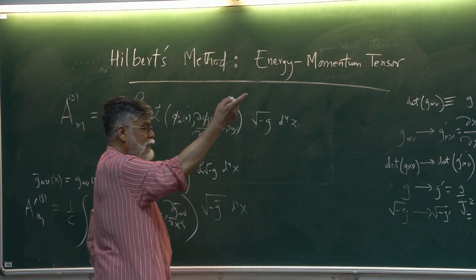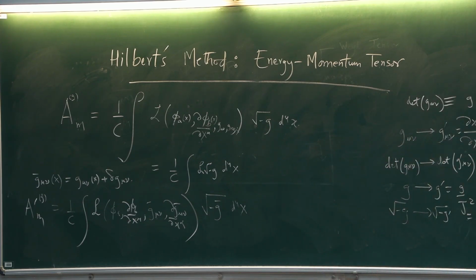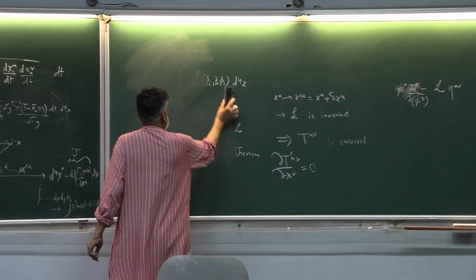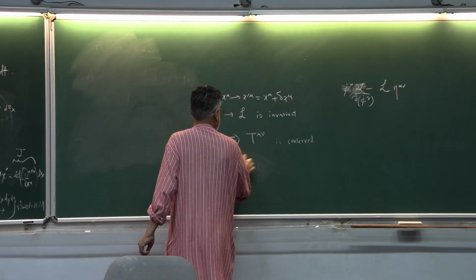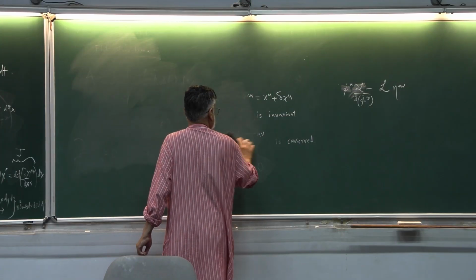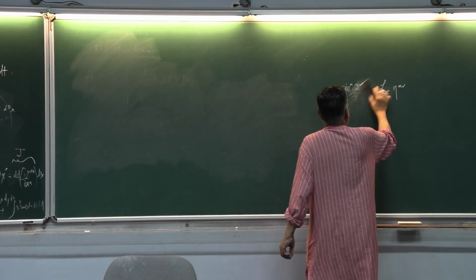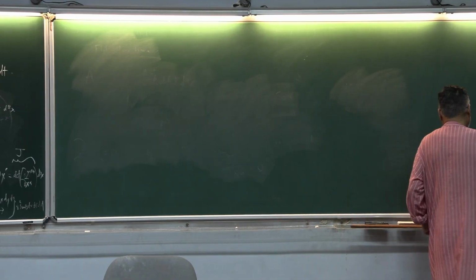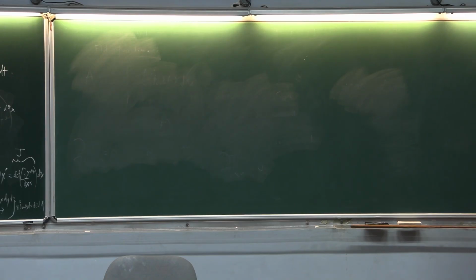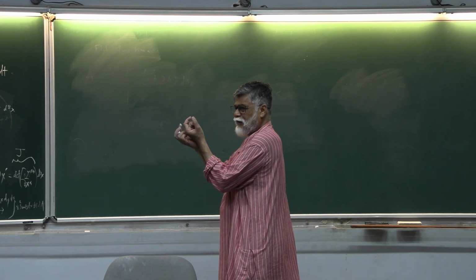Okay, so I'll go to the other part of the board. Good. So therefore delta g mu nu is an infinitesimal variation in the metric.